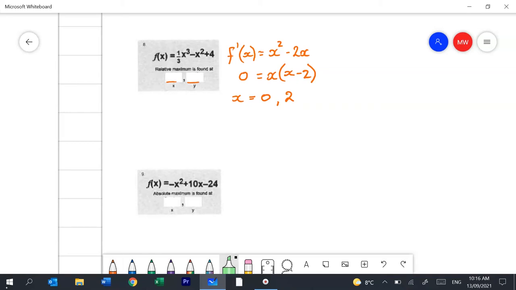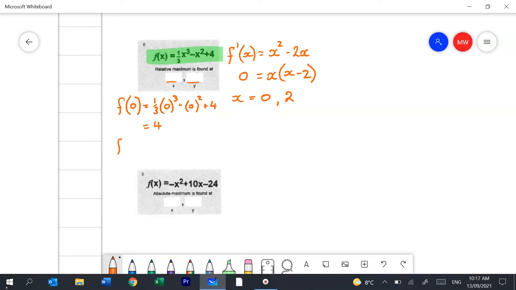So we go back to the original equation and we substitute those values in. So we've got f when x is 0 will be a third of nothing cubed minus nothing squared plus 4. So that one will be 4.